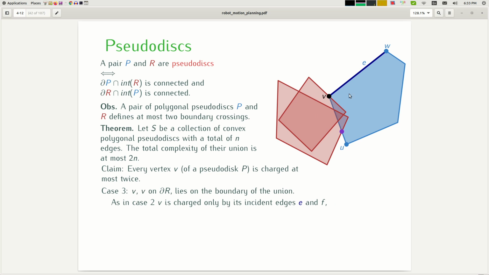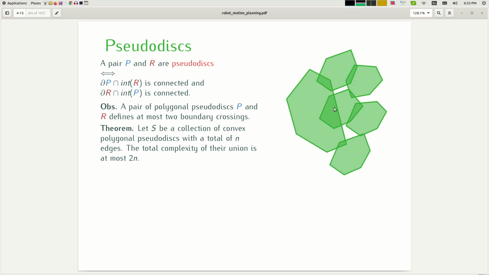Well, sorry, there is this other special case where V lies on the boundary, and then V is charged both for itself and also for an intersection. That's the only case where you can receive 2 charges. So we get that the total complexity of a union is O of n, or at most 2 times n.